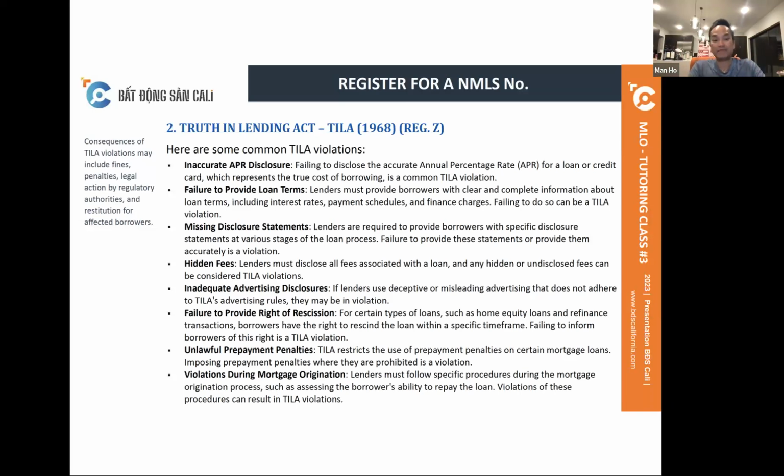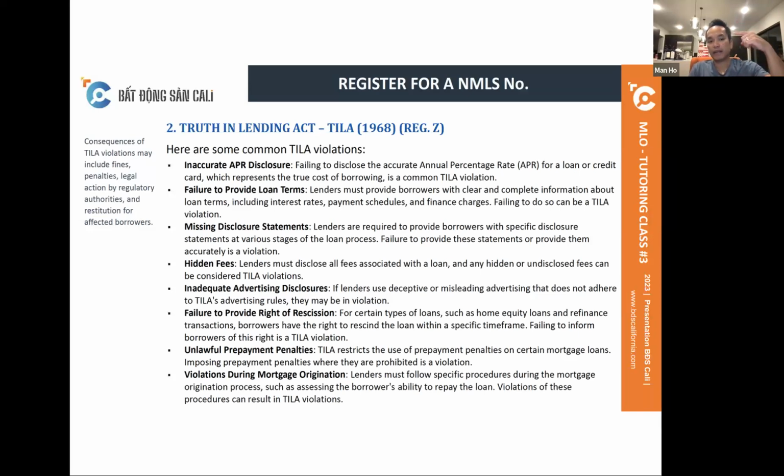And maybe this can be in the test too. You may see like 8 or 9 of these, but they may pick 4 of them, or pick 3 of them and sneak in another one. Or they can pick 4 of them and ask, which of these are the most common violations?